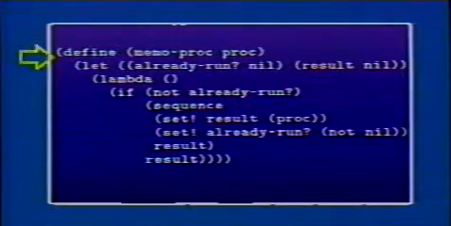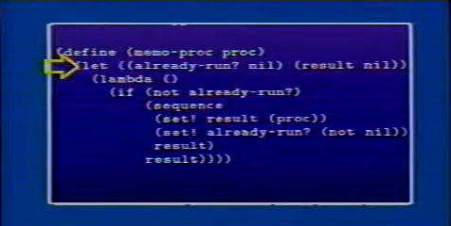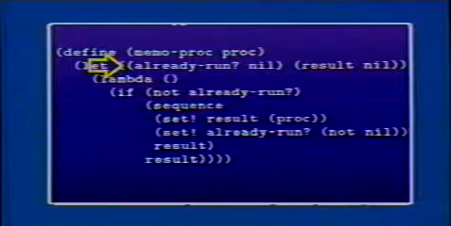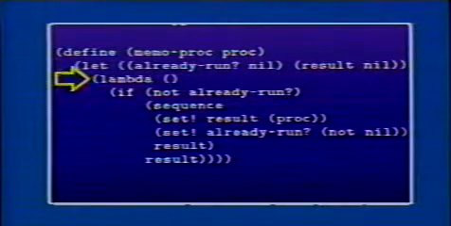Memoproc is this little thing that has two little flags in there. It says, have I already been run? And initially it says, no, I haven't already been run. And what was the result I got the last time I was run? So memoproc takes a procedure called proc, and it returns a new procedure of no arguments. Proc is supposed to be a procedure of no arguments.